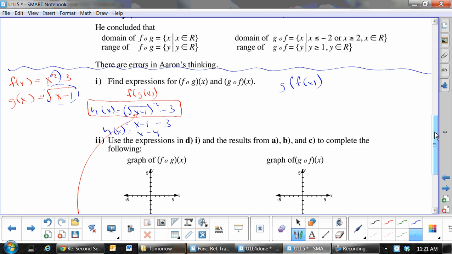Well, that's going to look like h of x, which is square root of (x squared minus 3) minus 1. Does that make sense?